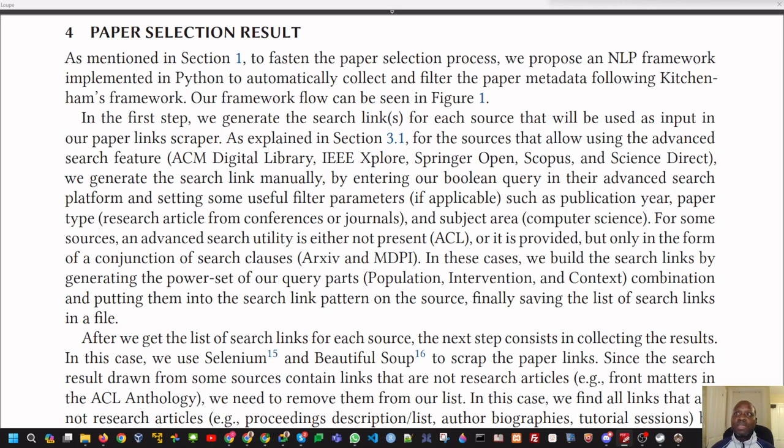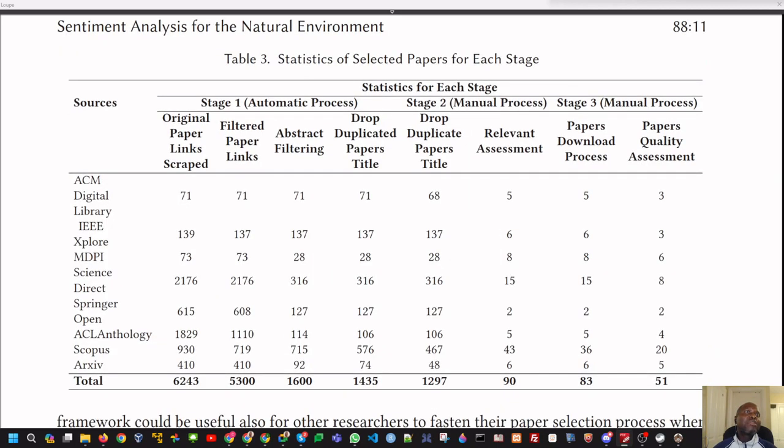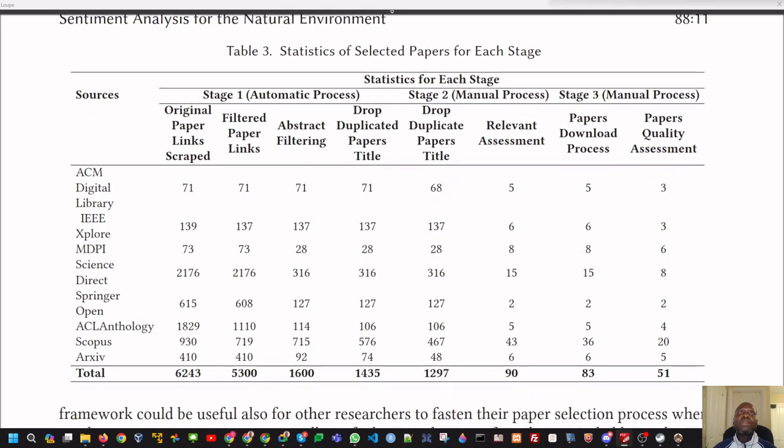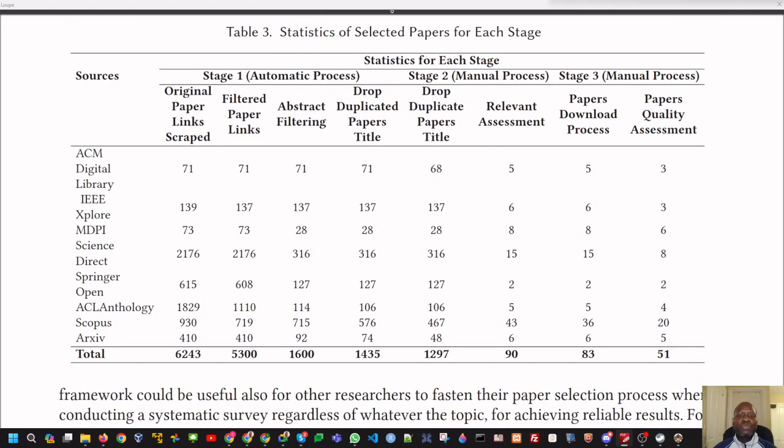Of course, they have given us a very interesting methodology, and when you report results of applying your criteria, you can present a table like this one, which gives you results of the stages of selecting until you come up with the number that you want.